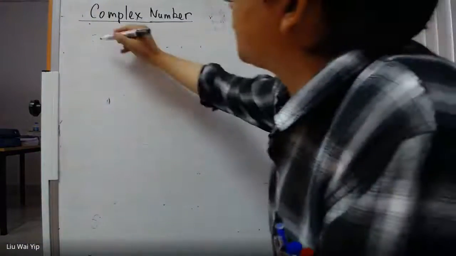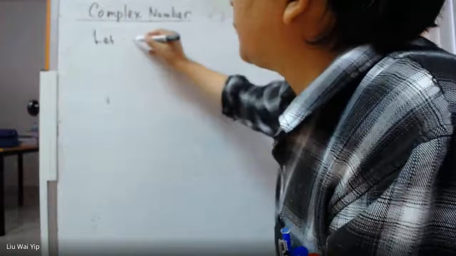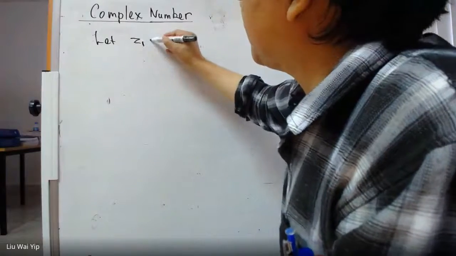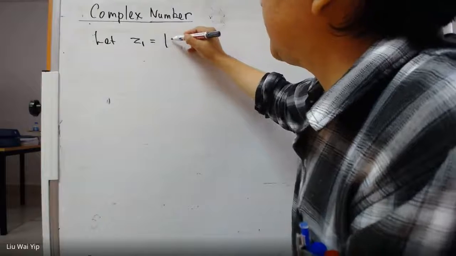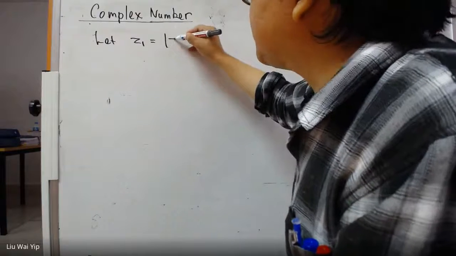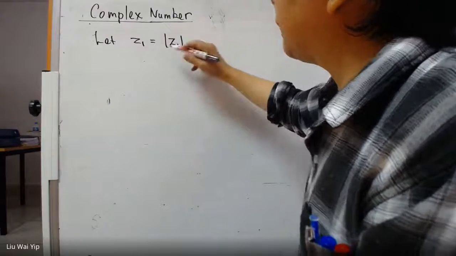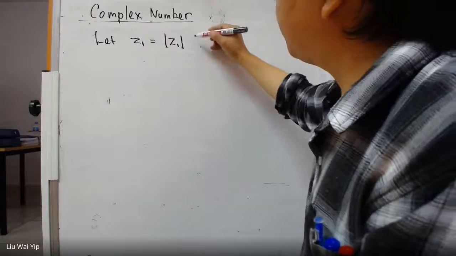Now suppose we have two complex numbers. One is Z1, and we have already learned that Z1 can be expressed in polar form.